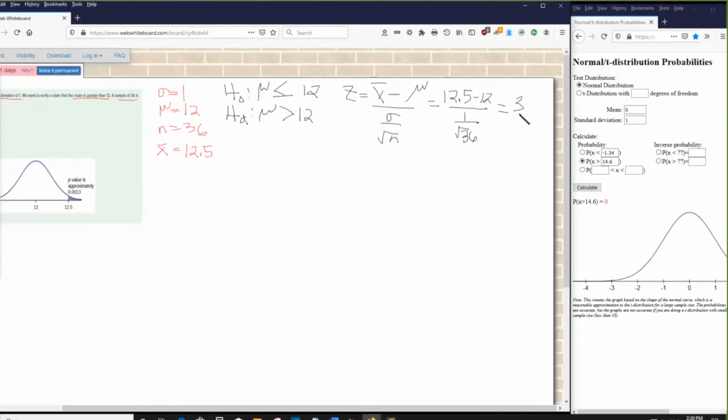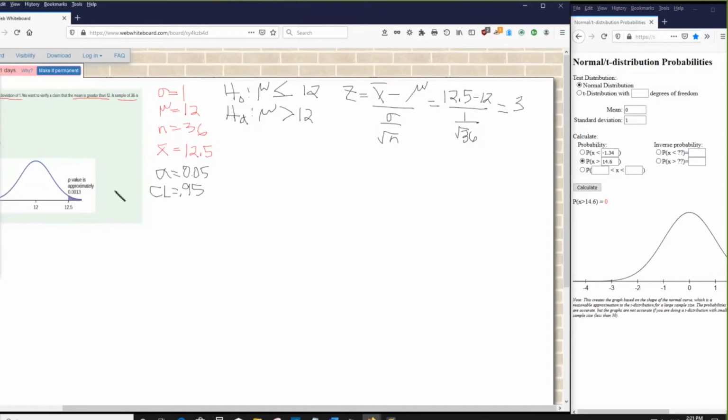Now, anytime they don't give you your significance level, we're going to assume that alpha is 0.05, which is a confidence level of 0.95, a 95% confidence level. If you remember, you can look at this as a right-tailed test.